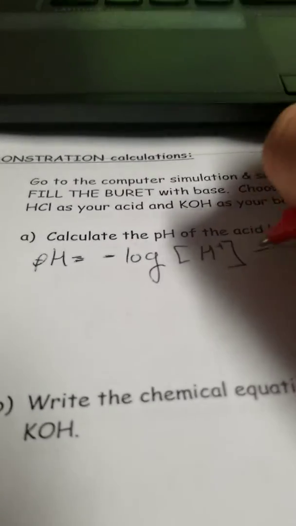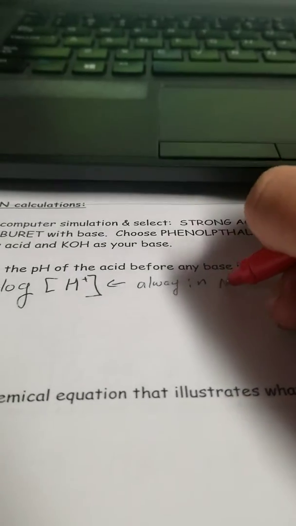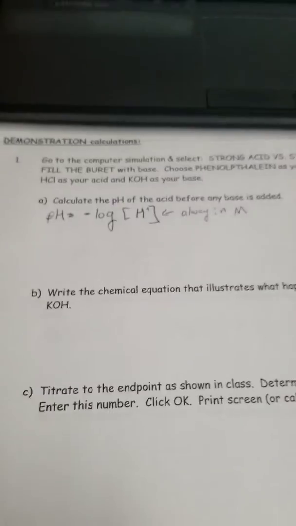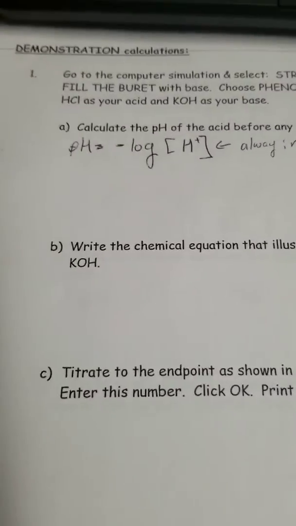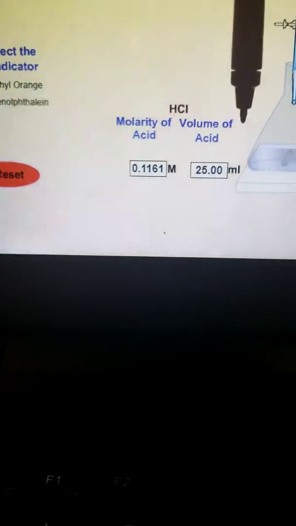And remember, the concentration of our acid is always in the big M, or molarity. So when we're looking at our screen, for HCl we have the molarity of the acid and the volume of the acid. So we need this number here.